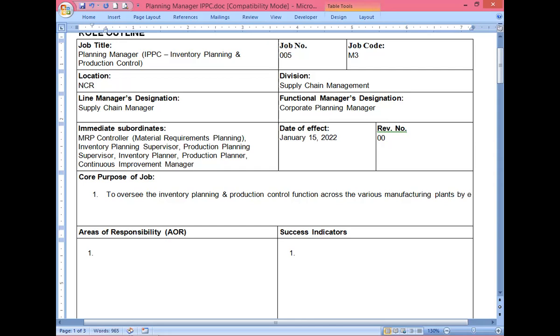By ensuring the agreed service level. Whenever you talk about sales, you talk about logistics, distribution and logistics, or supply chain.